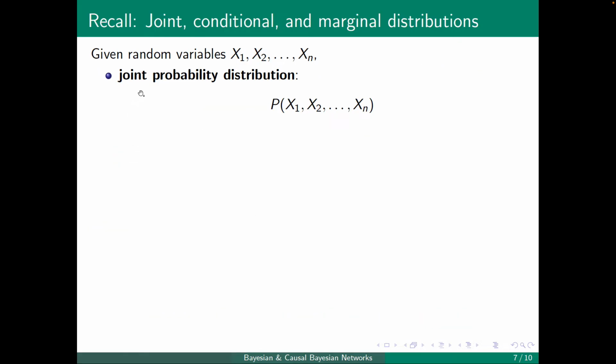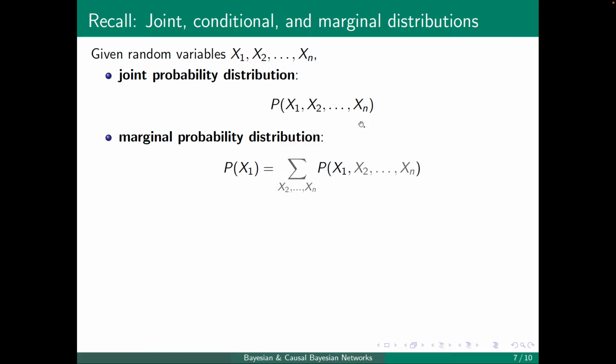If you don't remember exactly, given some random variables x1 to xn, the joint probability distribution is the probability of having all of them together, p of x1, x2 to xn, with the different possibilities, like x1 can take different values, x2 and xn, and so on.